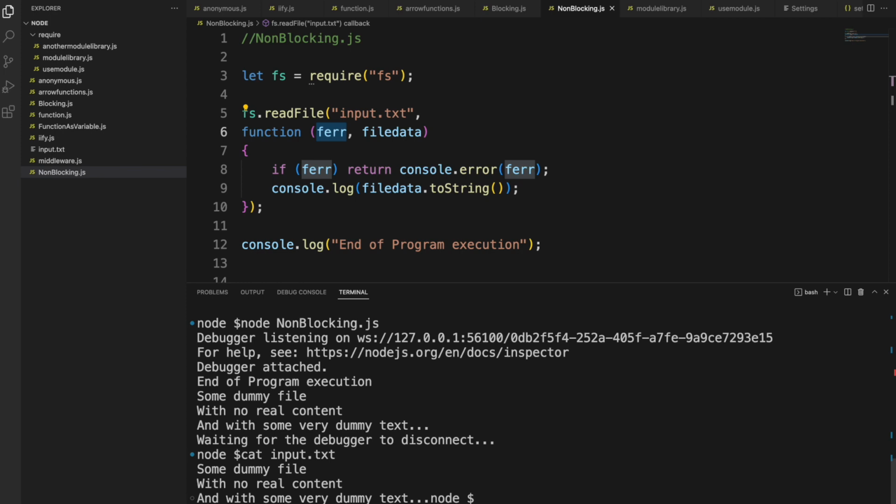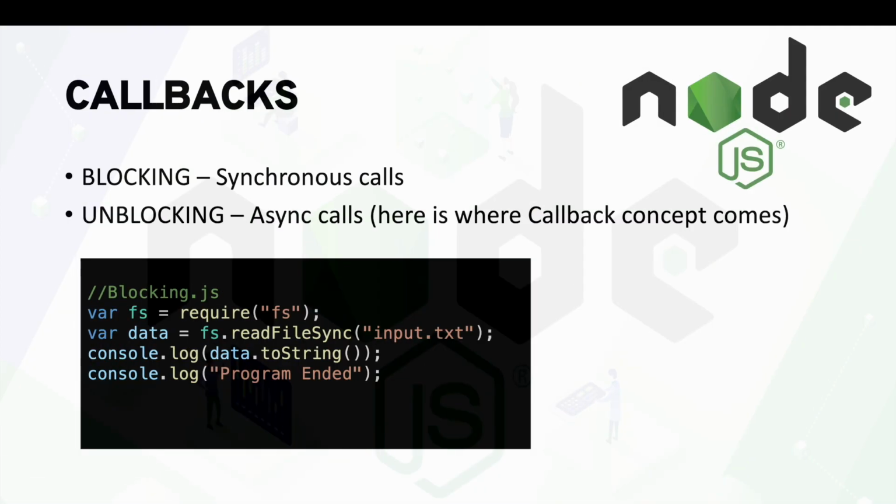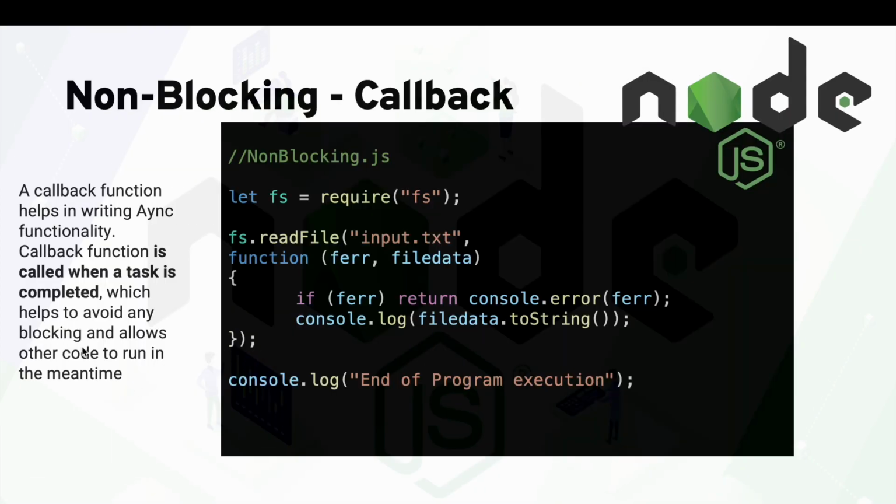Okay, so let's move to the other point. Just for completeness, let me read the definition once. A callback function helps in writing async functionality. A callback function is called when a task is completed. Okay, so we were doing this reading. Once it got completed, this function shall be called.